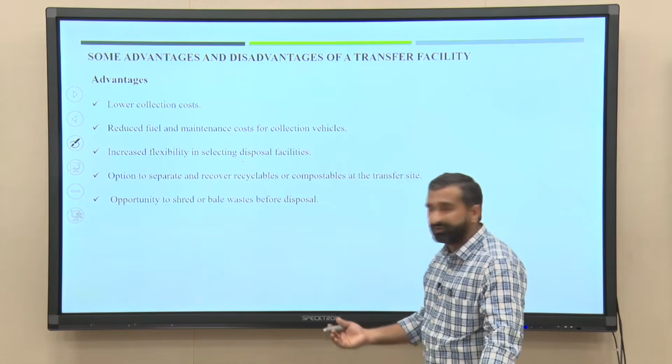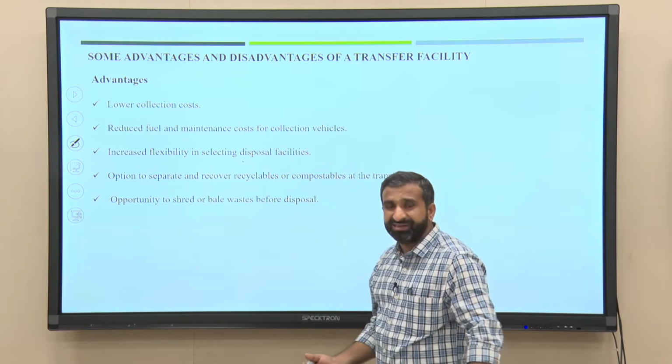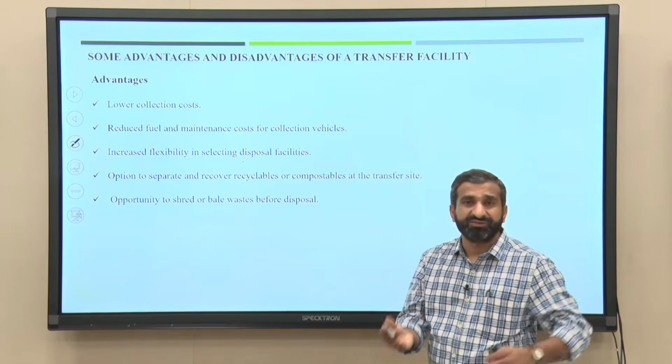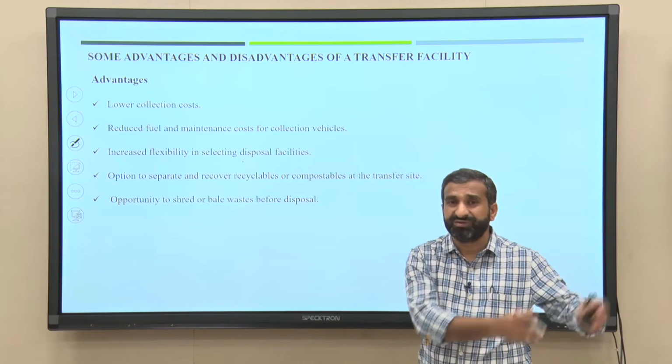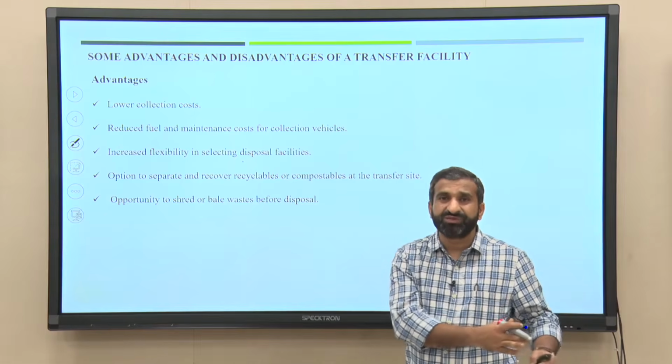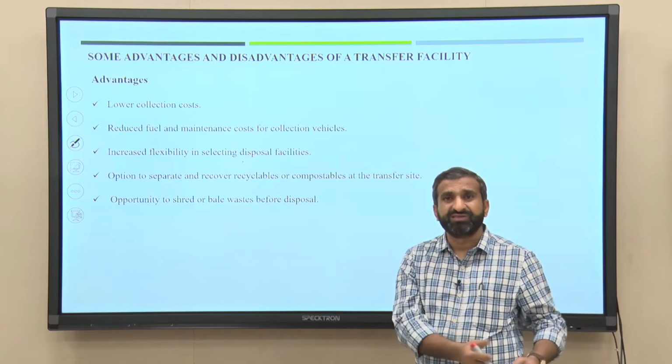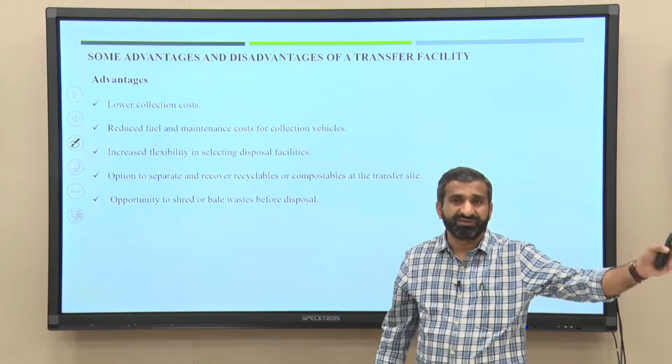It also increases flexibility in selecting the disposal facility. If you are using transfer for transportation, we always have the flexibility of choosing the location of the disposal site. In such cases you can go far away, maybe 50 or 60 kilometers.